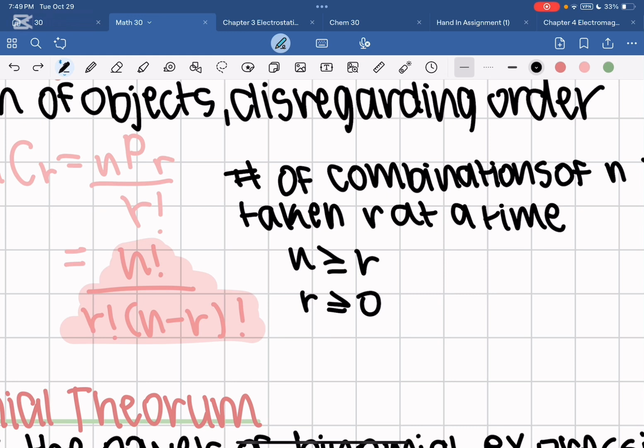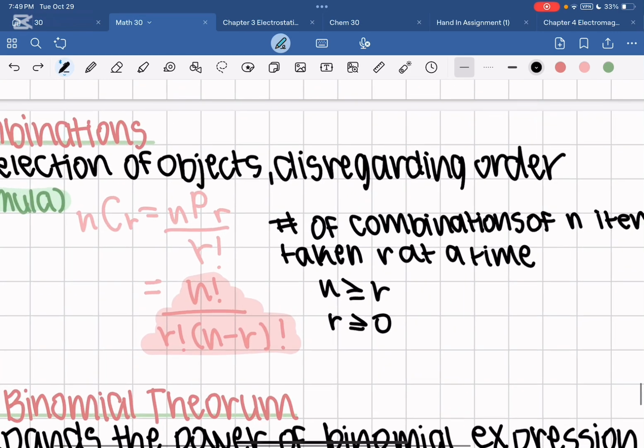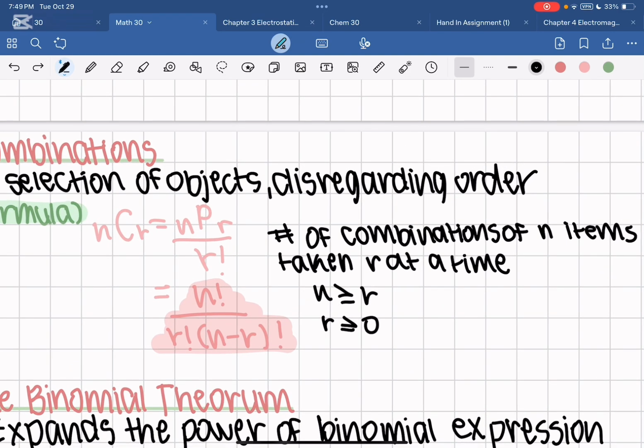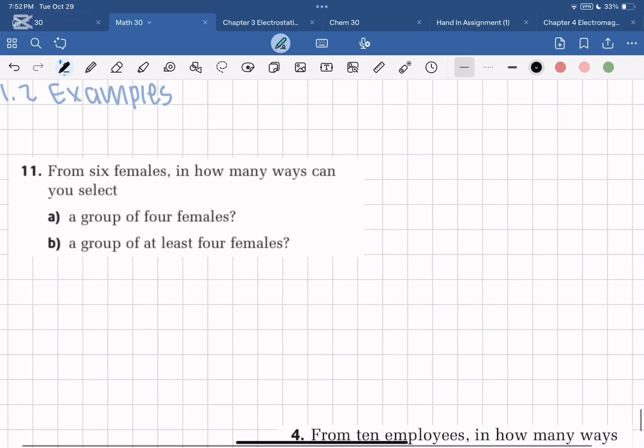And then your N has to be bigger than your R, or else you'll get a decimal number, which is also not possible in the application of Perms and Combs. So hopefully this was quick and brief enough. Let's go over some examples.